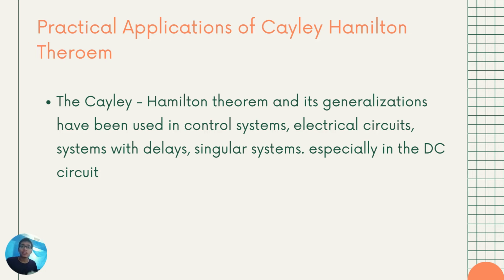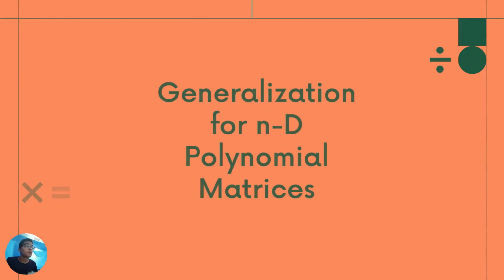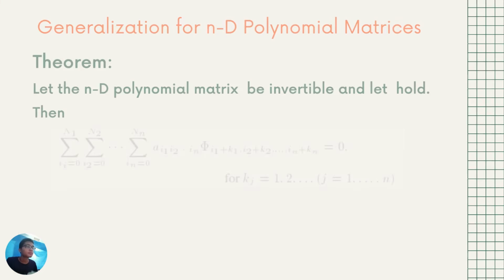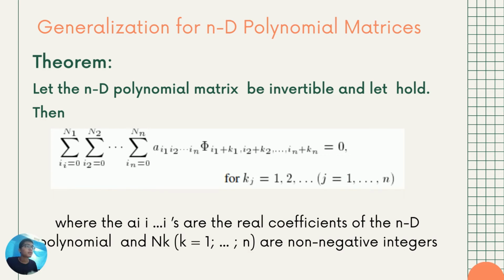Now let's move on to the more cliche and important topic of today's presentation, that is generalization for ND polynomial matrices. Let the ND polynomial matrix be invertible and let the condition hold.